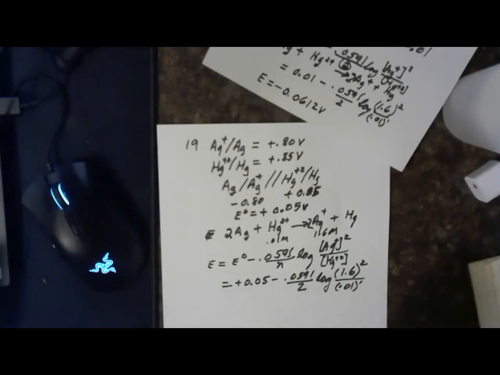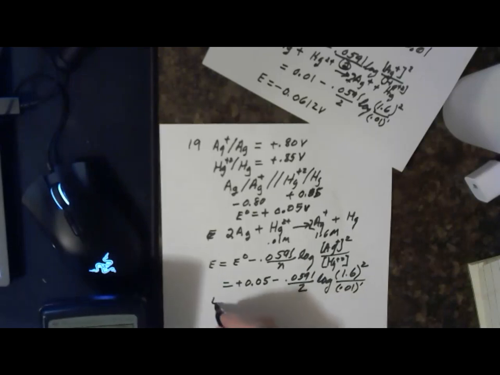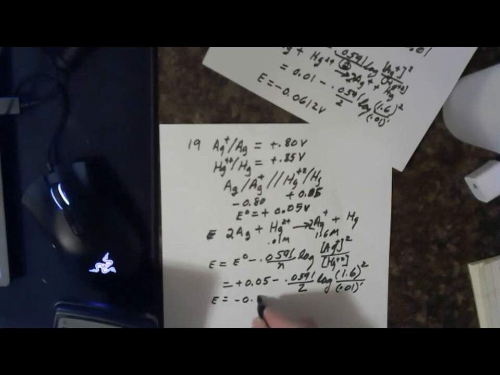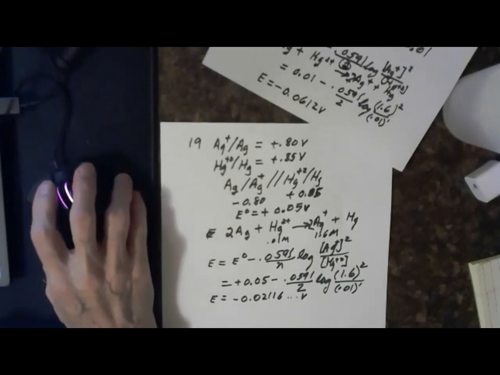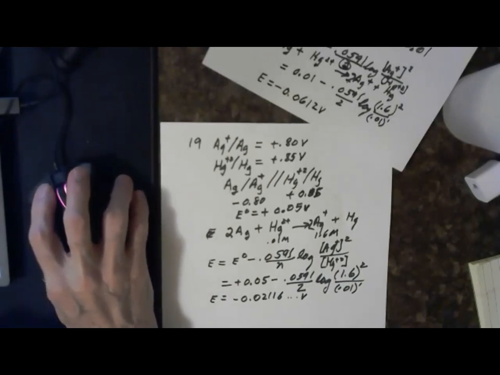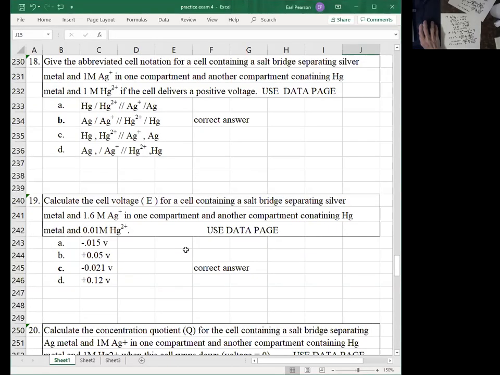And I get the E of this cell is minus 0.02116 volts. And I think that's okay. There we go. And minus 0.021 is correct.